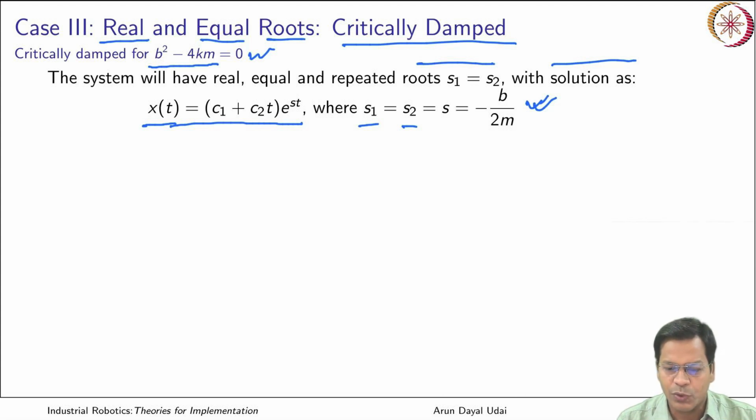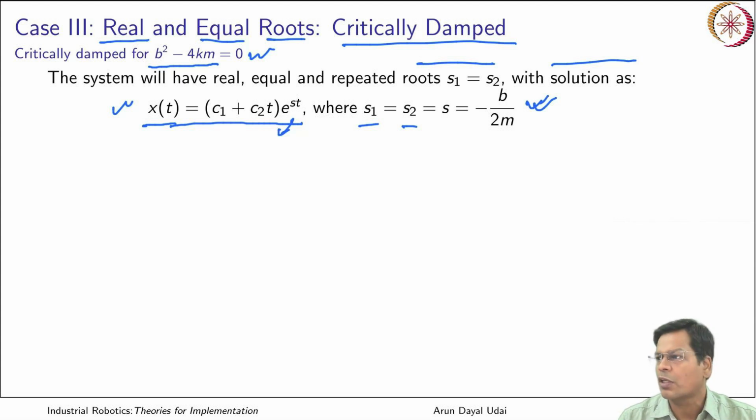So you can directly substitute s in this equation, and you already know c1 and c2 can be obtained by taking the derivative, that is x and x dot of t, and substituting the boundary conditions. You can obtain two equations. Solving those two equations, you can quickly get c1 and c2.